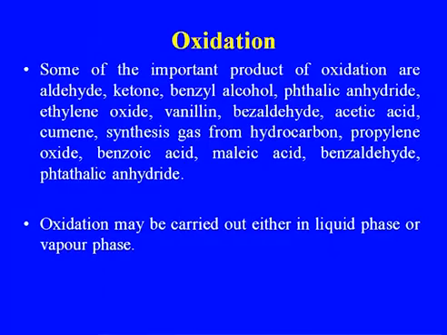Some of the important products of oxidation are aldehydes, ketones, benzyl alcohol, phthalic anhydride, ethylene oxide, vanillin, benzaldehyde, acetic acid, cumene, synthesis gas from hydrocarbons, propylene oxide, benzoic acid, maleic anhydride and so on. Oxidation may be carried out either in liquid phase or vapor phase.